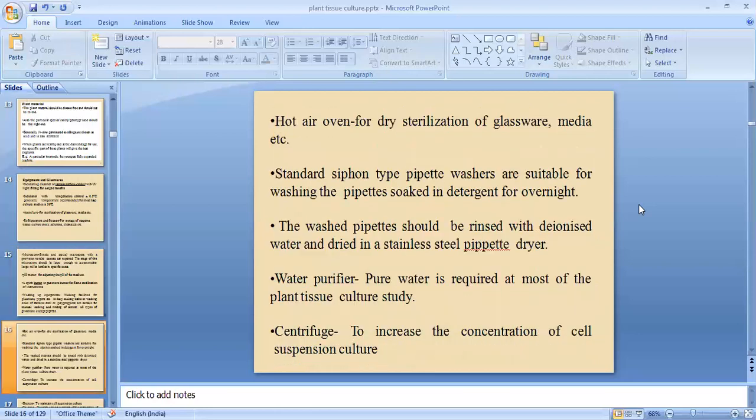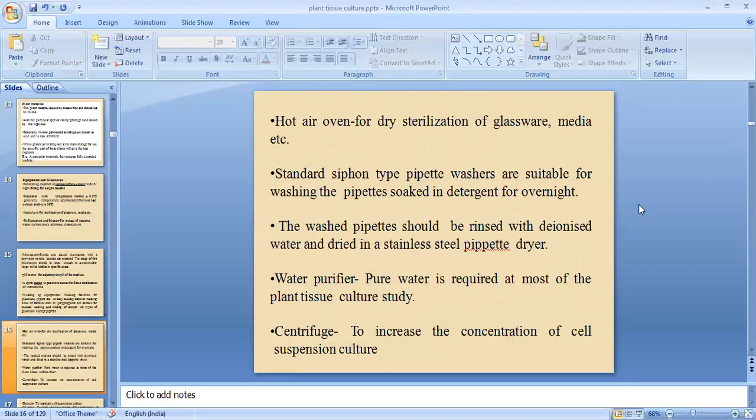As I already told you, a hot air oven should be there for the dry sterilization of glassware, and standard siphon type pipette washers should be there. During washing the pipettes should be soaked in detergent overnight. Washed pipettes should be rinsed with deionized water and dried.